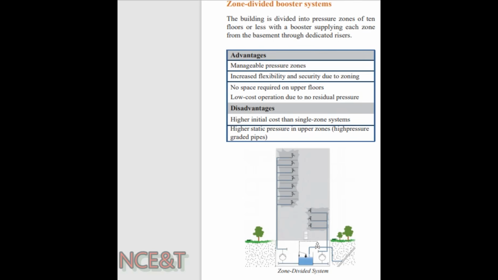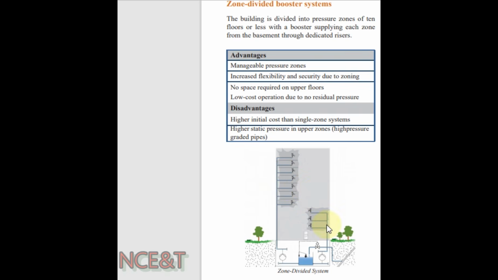In normal practice, when we design a domestic water system for a high-rise building, we divide it into zones, and the general practice is 6 floors in one zone, and it depends on the height of the floor also. Then we select a separate booster pump for each zone. In this picture you can see we have a building of 10 floors, and we divide it into two zones.